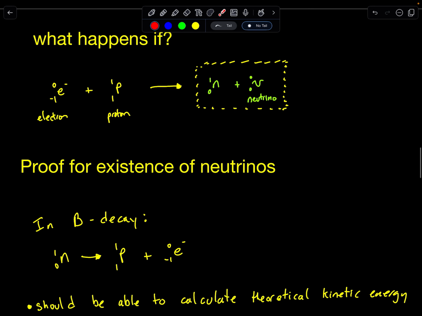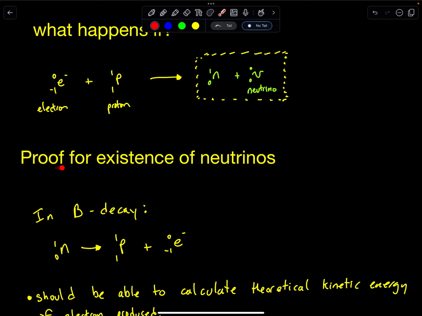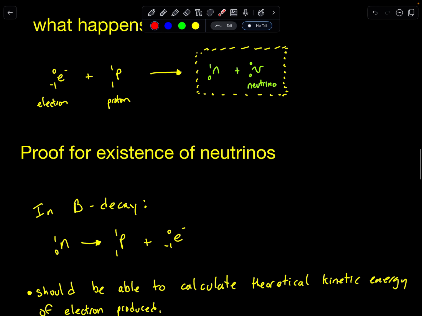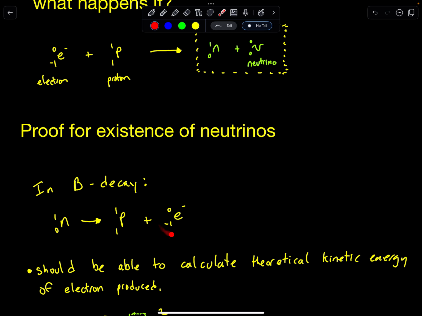Now, how did we actually provide evidence for neutrinos? Before we discovered them and devised experiments to find them, they were hypothesized on paper by a guy named Pauli. When we were looking at beta decay, when a neutron spontaneously becomes a proton and an electron, if I do the math and look at the mass defect and try to calculate the energy of that electron that comes off, and then actually try to detect that energy, something fishy occurs.